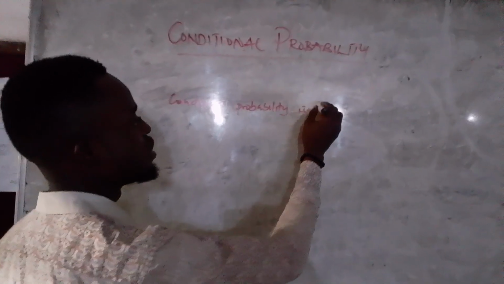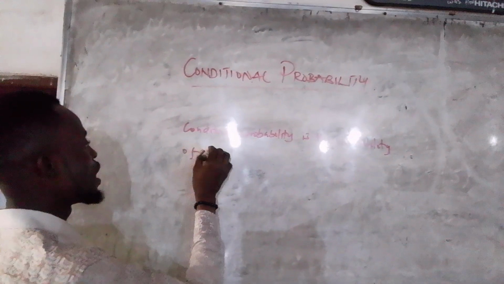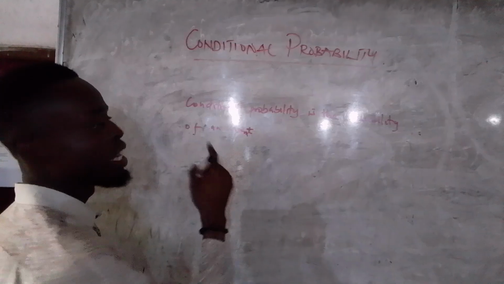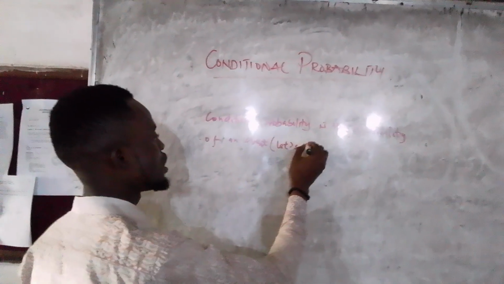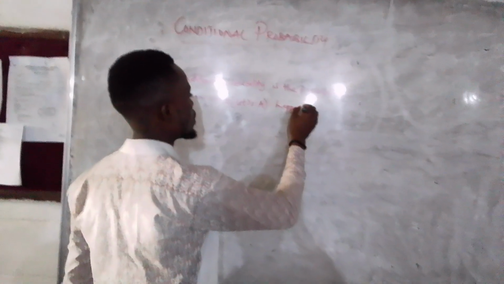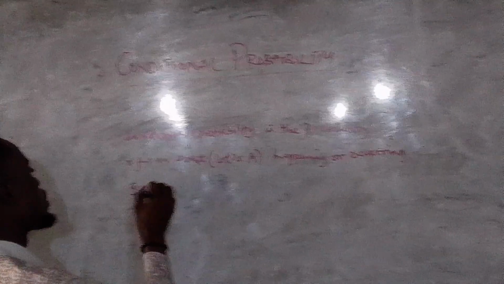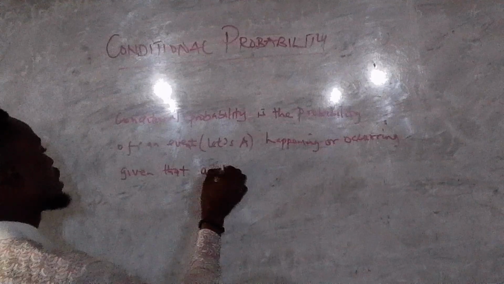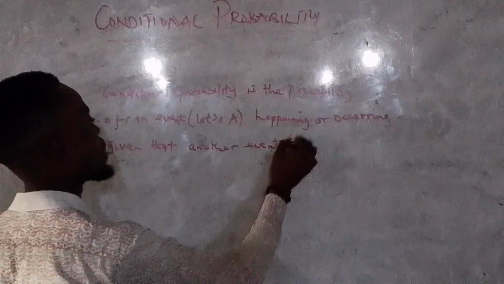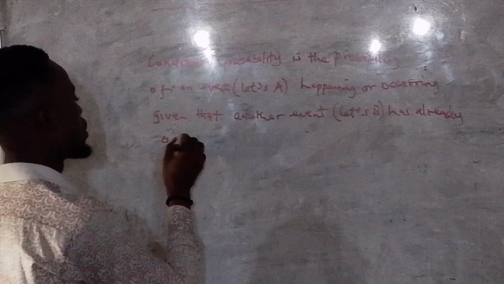Conditional probability is the probability of an event, let's say event A, happening or occurring, given that another event, let's say B, has already occurred.